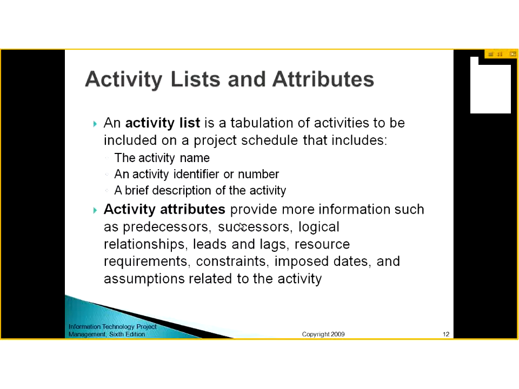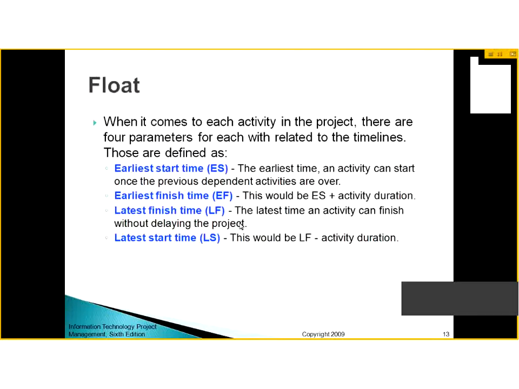And when you write the attributes of activity, you provide more information about the activity, like what is its predecessor, what is its successor, what is the logical relationship, what are leads and lags. We are going to see this in a short while. Resource requirements, and what are the constraints on this activity, which are imposed dates and assumptions.